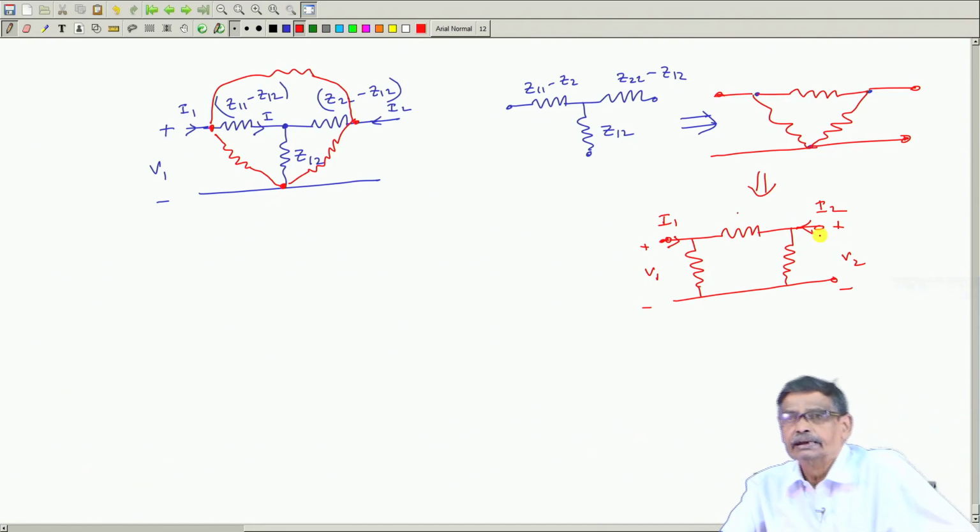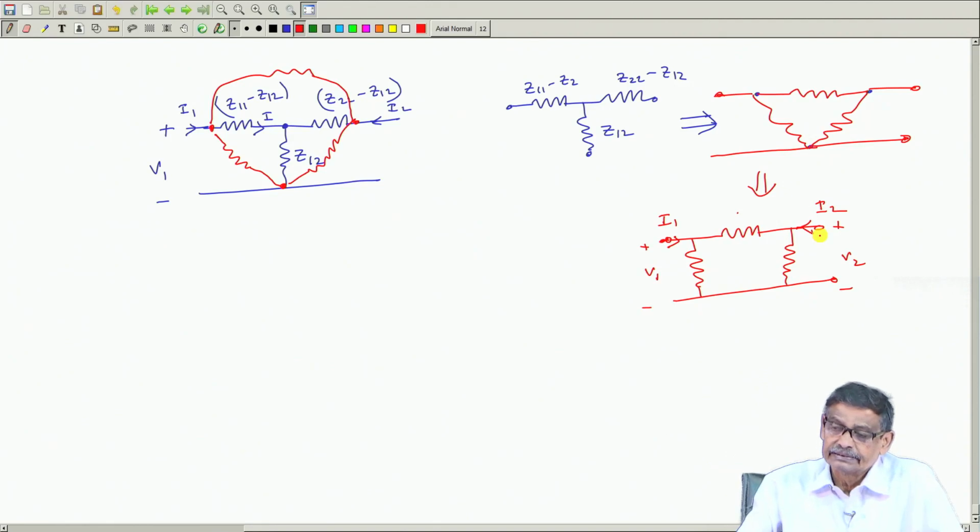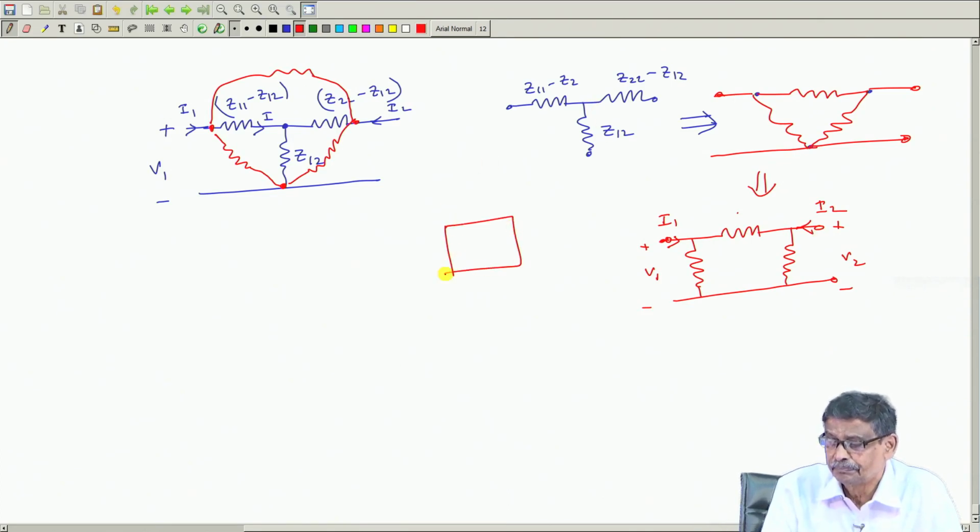Therefore, I am telling you that in essence, generally all the networks will be bilateral and linear networks, and no matter in how complex a way the impedances are connected inside this black box, if you tell me the values, I will always tell you that this network can be represented as a T network like this.